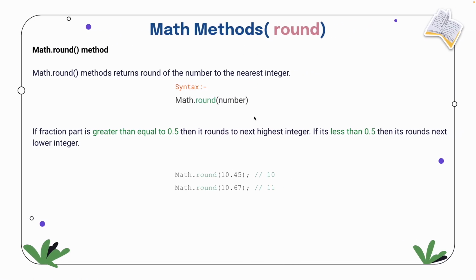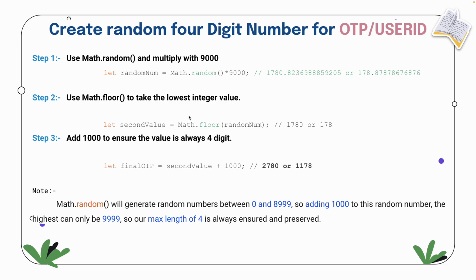Okay. So next, now what is the use of what you have studied? In your daily routine, you have registered to some app and got an OTP, right? A 4-digit OTP, 6-digit OTP.